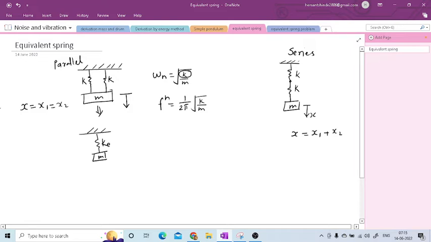So this is the most important thing which is required to determine whether the combination of springs is series or parallel. So keep in mind that for parallel combination the deflection of each spring is same.